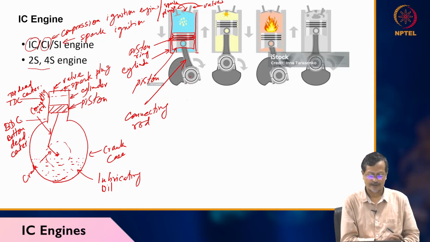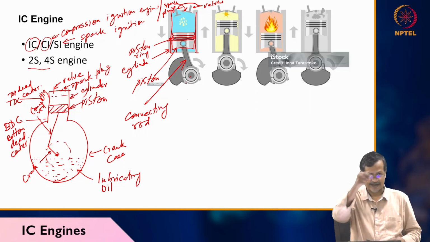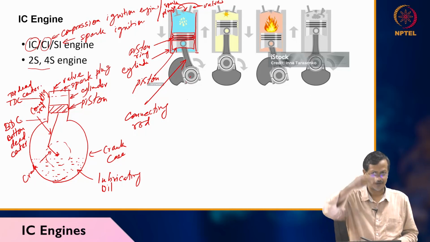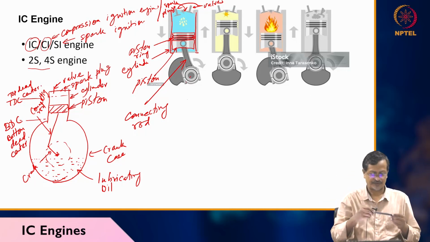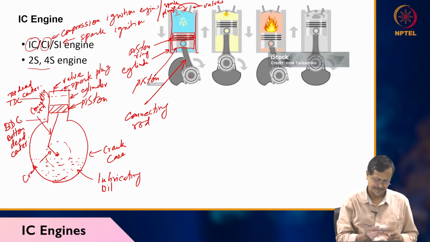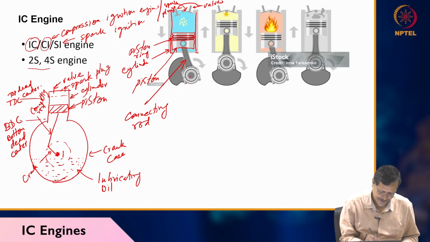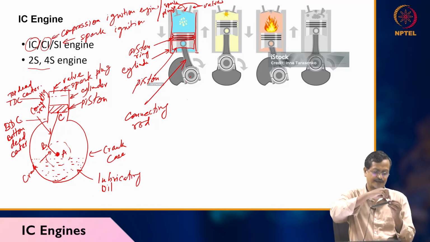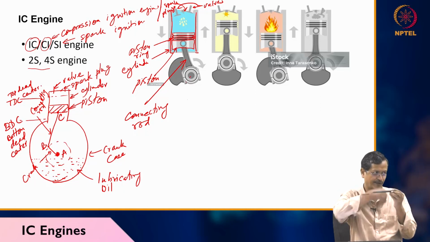So what happens if you rotate the crank? You see this connecting rod will be pushing the piston up and down. If you rotate the crank, you say A, B, C. A means shaft. Here the crank is rotating around this one.